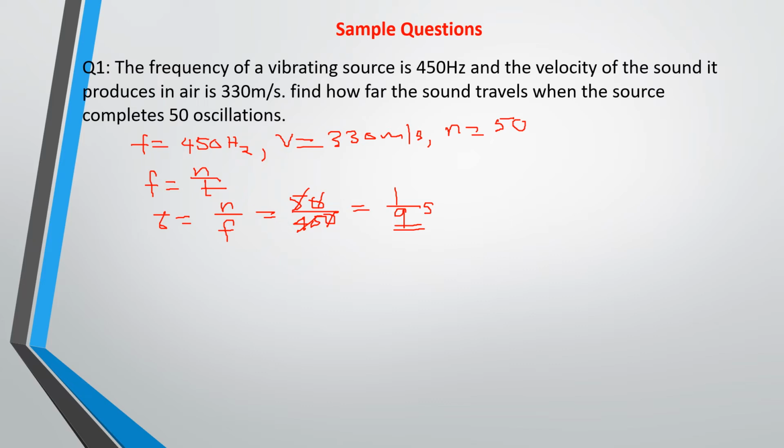So here you are asked to find the distance the sound will travel. We know that velocity is equal to what? Distance or wavelength all over time. Is that not? So distance is equal to velocity times time. If we substitute into this equation, velocity is 330 and the time is 1 over 9 seconds.